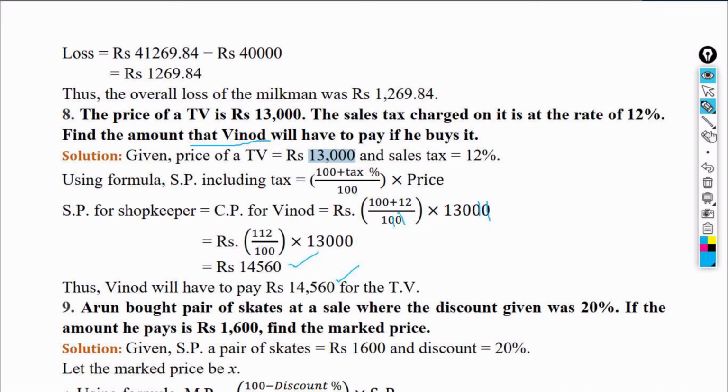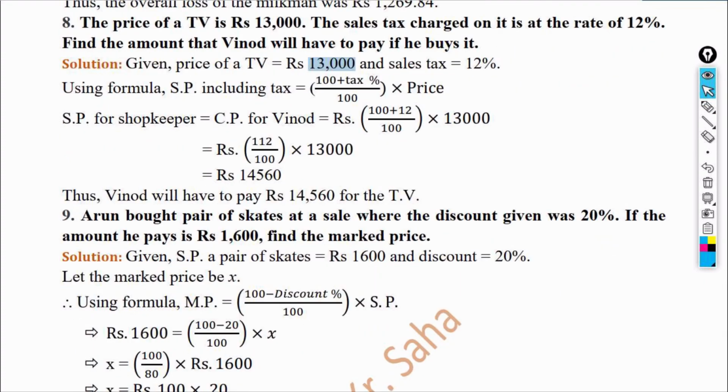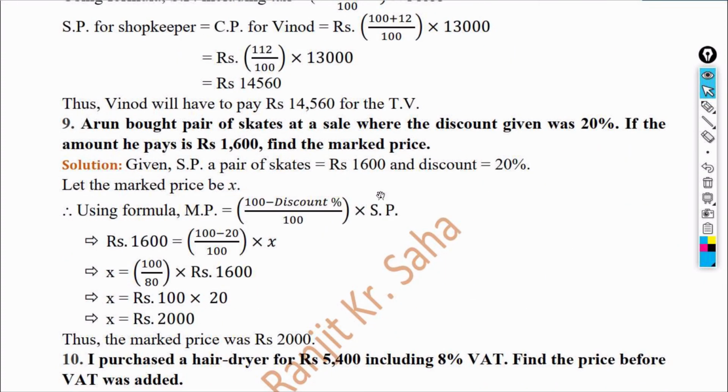Now question number 9. Arun bought a pair of skates at a sale where the discount given was 20%. If the amount he pays is rupees 1,600, find the marked price.